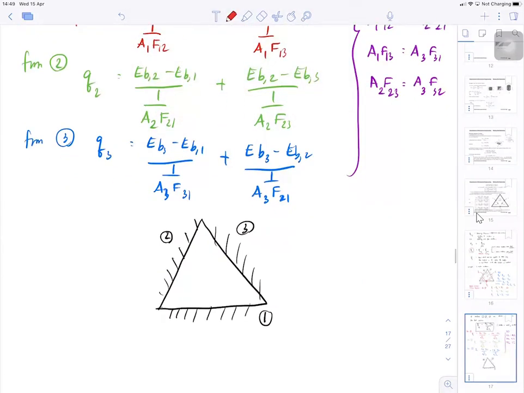And you're gonna have, like that. Okay, this is 1 over A1 F12, A1 F13. Okay.